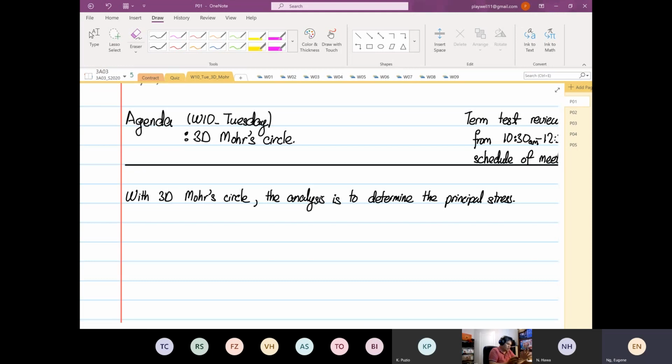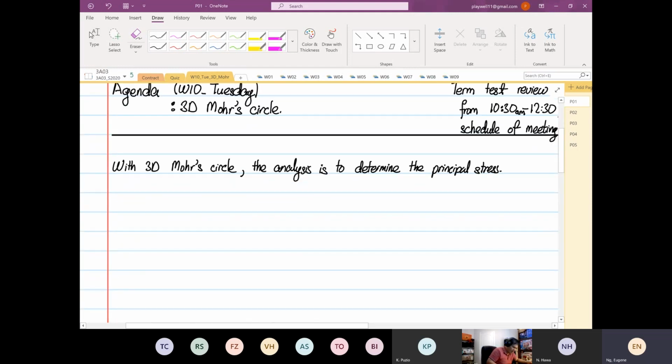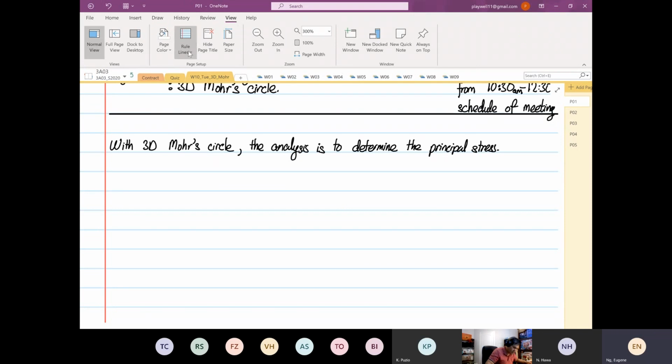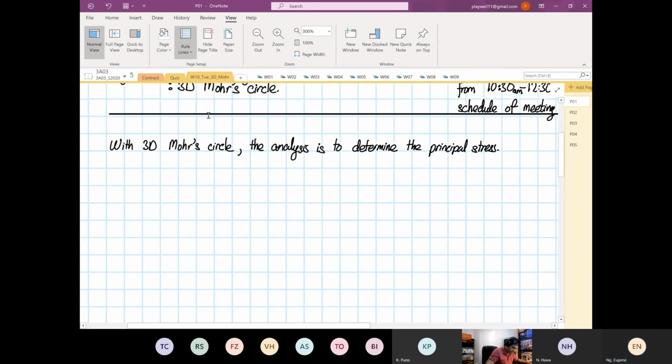Okay, so if we go into 3D Mohr circle, we have, as usual, transformation x, y, and z. This is just to quickly recap. So we have an element over here.